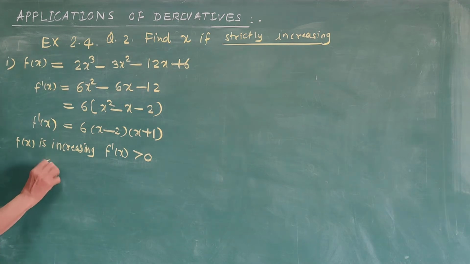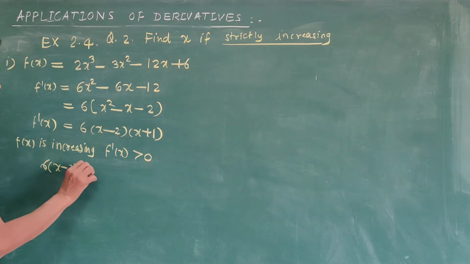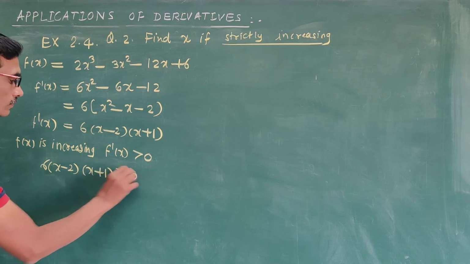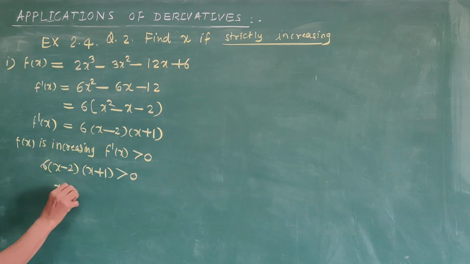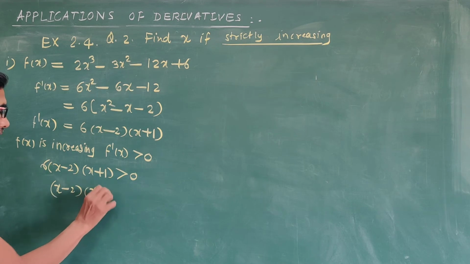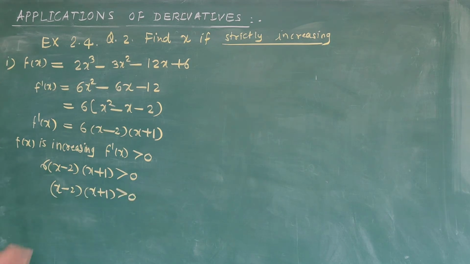That means 6(x − 2)(x + 1) > 0, that is, (x − 2)(x + 1) > 0.